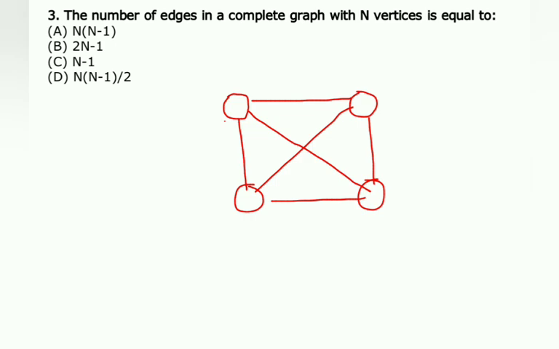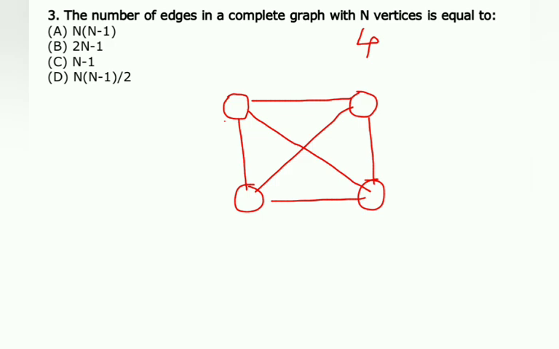So the number of edges in the complete graph depends on n, the number of vertices. Here we have 4 vertices, and we have to find out the edges. Now let us count the edges in the given graph.